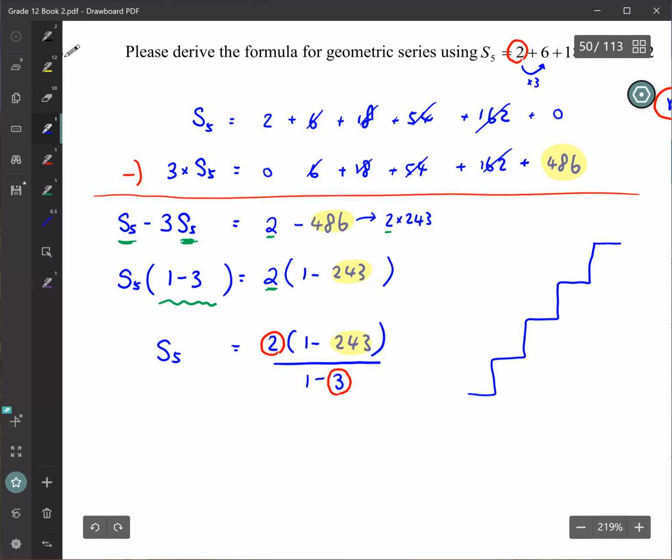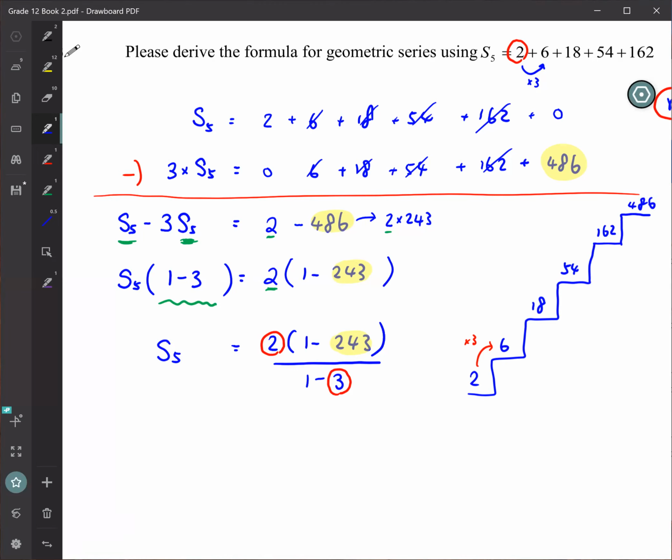The 2 is down here. If I multiply by 3, times 3, I will get 6. Next one will be 18. Next one will be 54, 162. And then the next one will be 486, right? So each time I need to times 3.